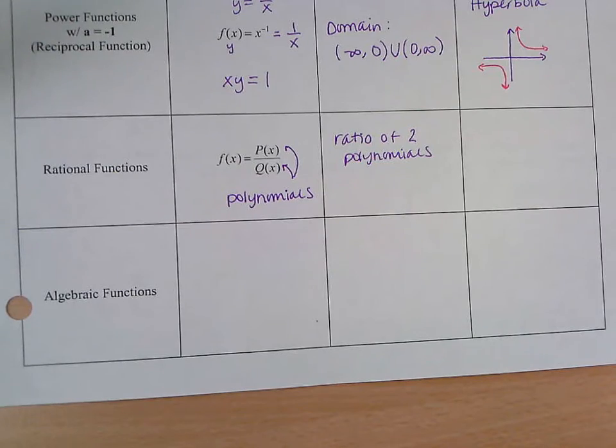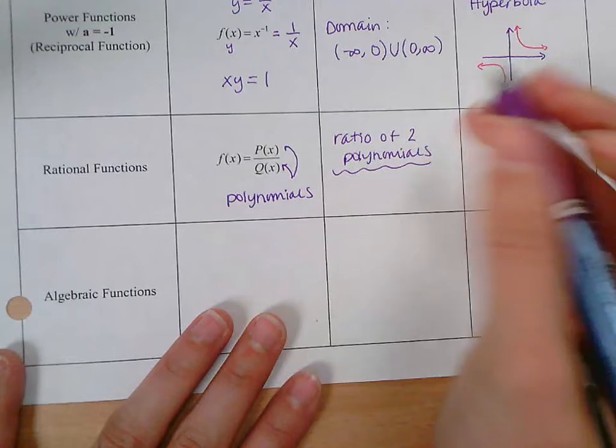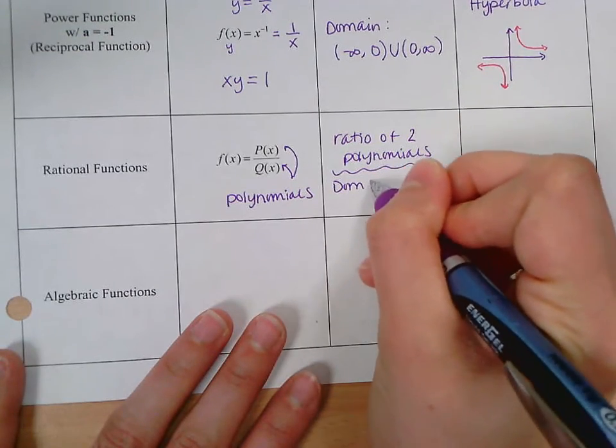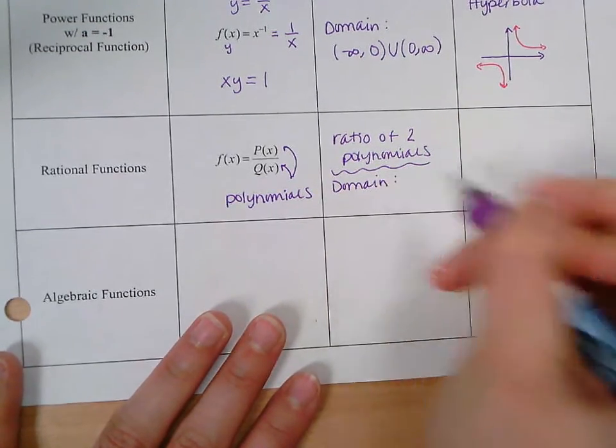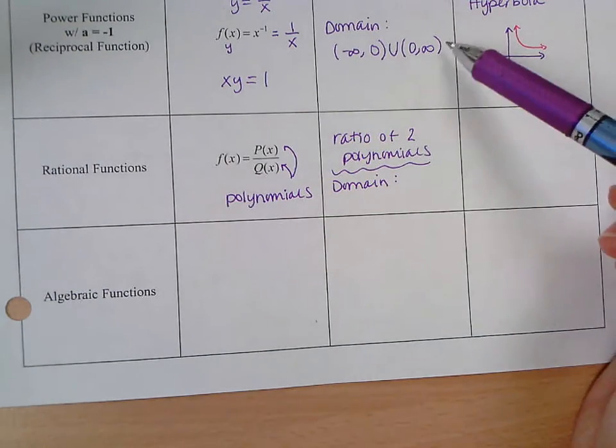But the domain, I'm going to write this in set builder notation just because without having a specific example, I can't write the interval notation.